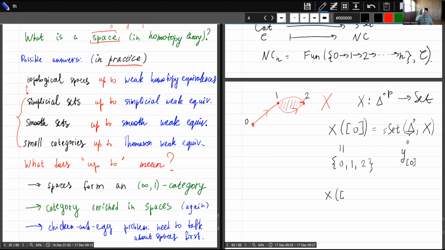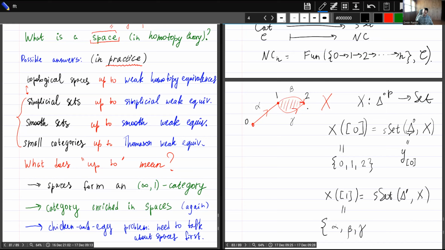Likewise, X of 1 will be the set of maps from delta 1 to X, which is, in our case, you can see already some one simplices in the picture. Let me call these alpha, beta, gamma. But there is more. A one simplex can be mapped, for example, in such a way that its image is just the vertex 0, or any of the vertices.